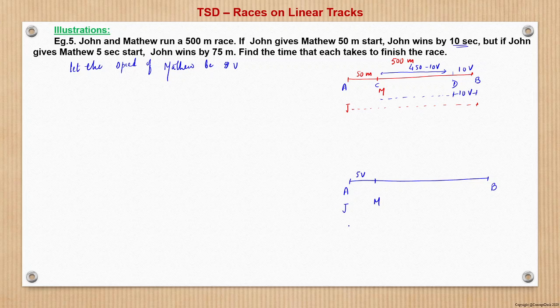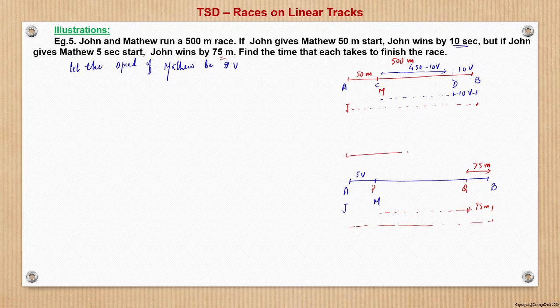Now when John reaches the end point of the race, at that time Matthew was some distance behind, and let this be P and let this be Q. So this distance is 75 meters.